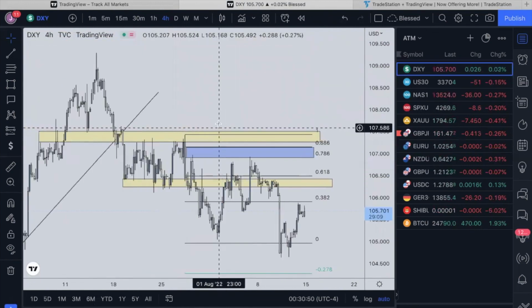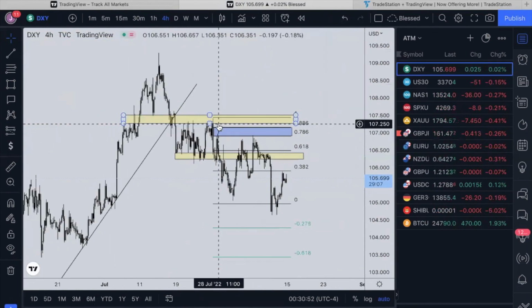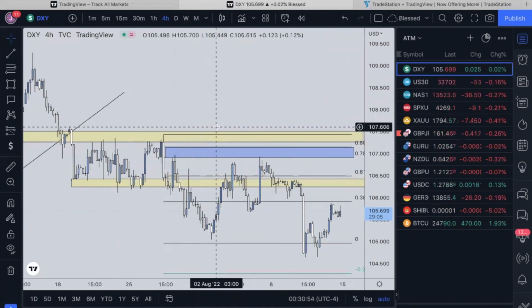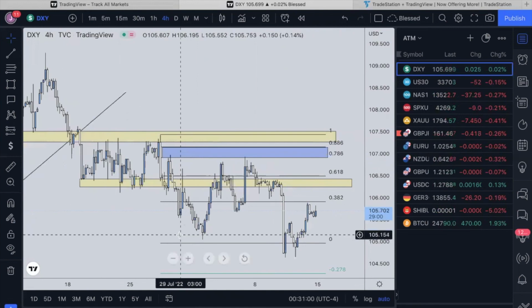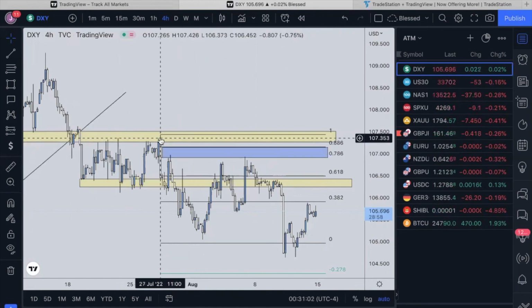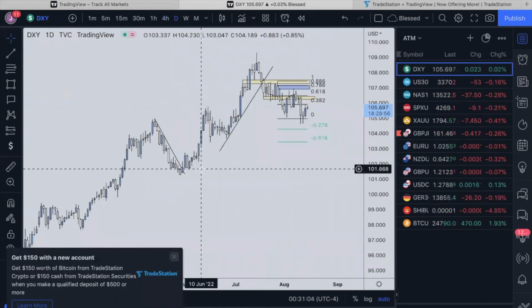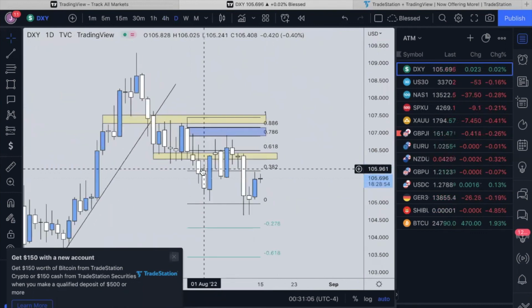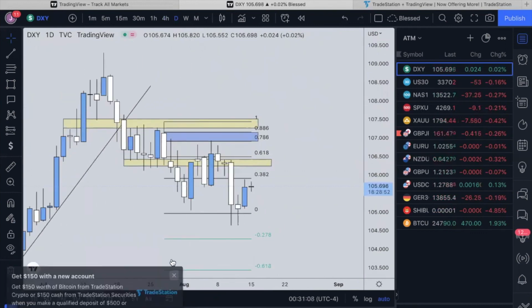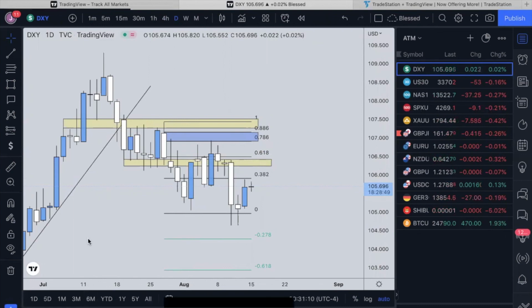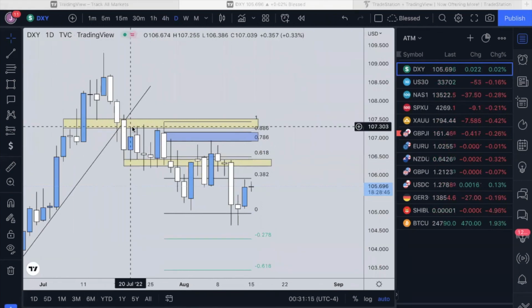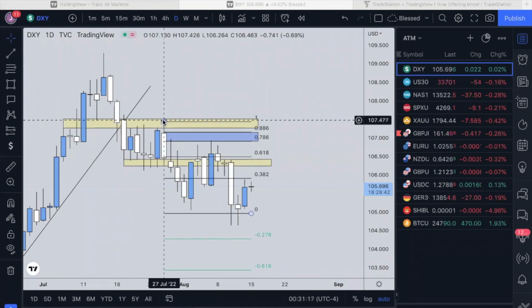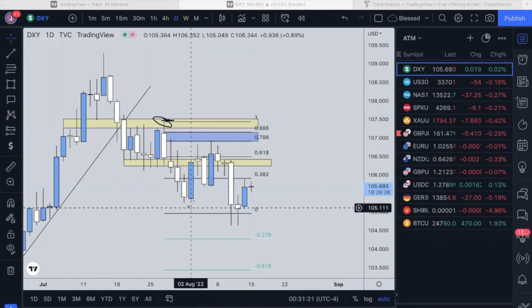And also one more thing, if you look at DXY, the dollar index, you see that here I drew my fib. I drew my fib from here. I think it was on the daily. Must have been on the daily. Yeah. So here on the daily, I drew my fib. So I saw that we had a break of structure, and I drew my fib from here to this low.